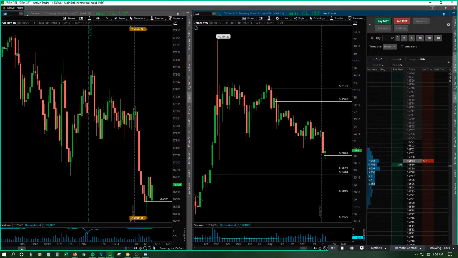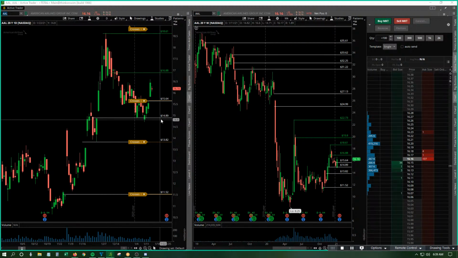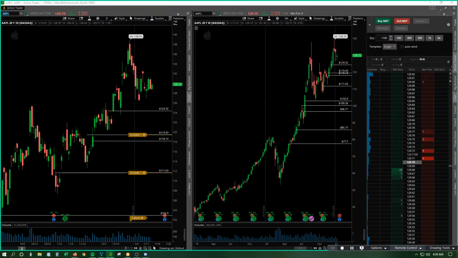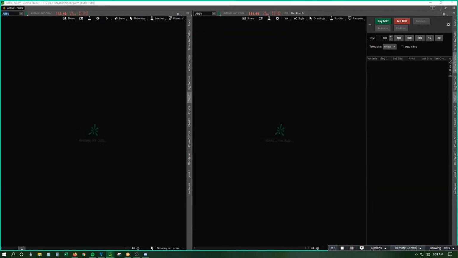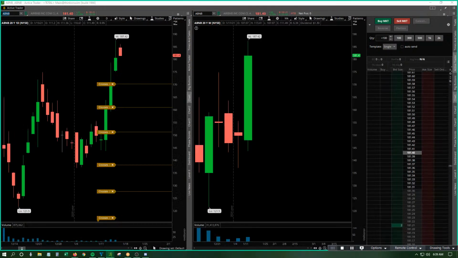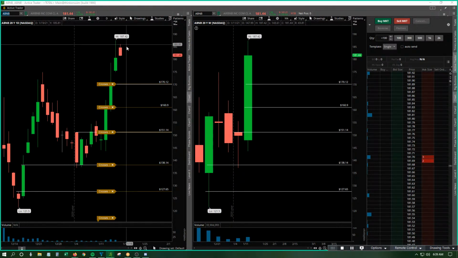Take a look at some stocks in the meantime. American Airlines wanted to get into this gap fill down here at 14.89 and popped up a little bit out of that zone. Apple not doing a whole lot, consolidating. Axion, another gap up. Airbnb, back above its two previous swing highs, now pulling back a little bit.